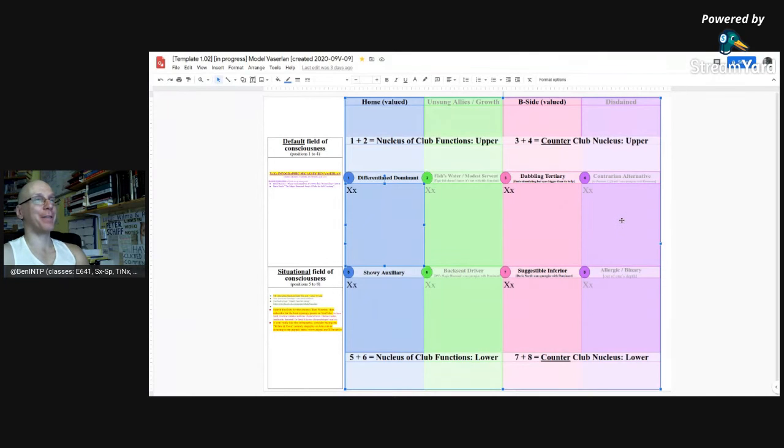And which one is left? Well, probably the contrarian alternative, FE, is going to be the one left there. And you've got FI there and TI there. Oh, what's left? Oh, NI. Right. So relatively easy to fill out.